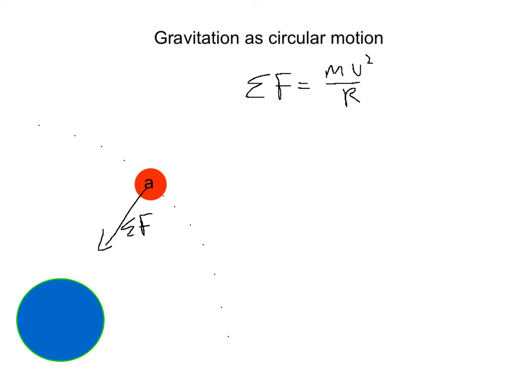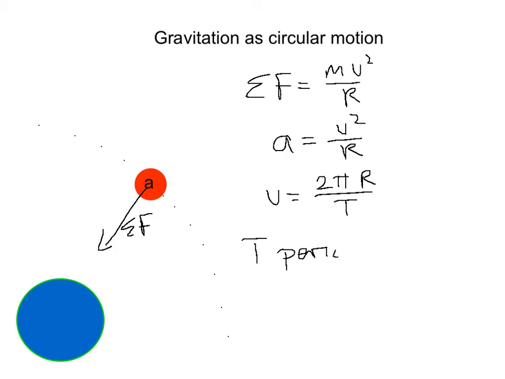We know that acceleration always equals v squared on r, and we know that v is 2 pi r on t, where t is the period, and it's measured in seconds.